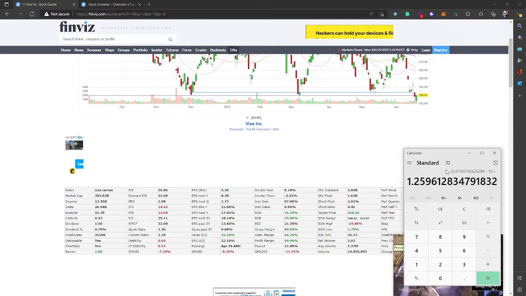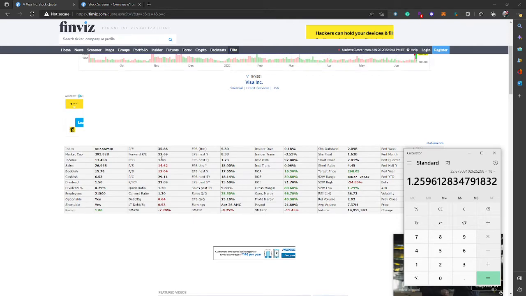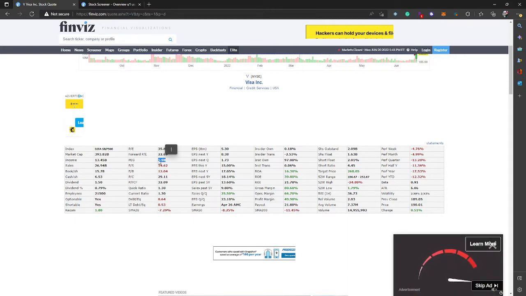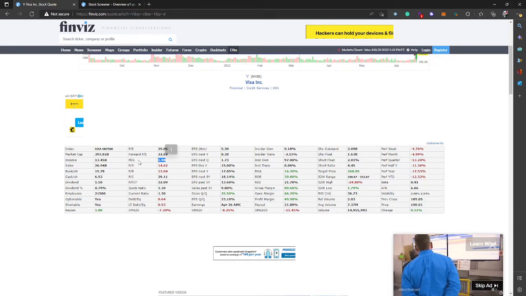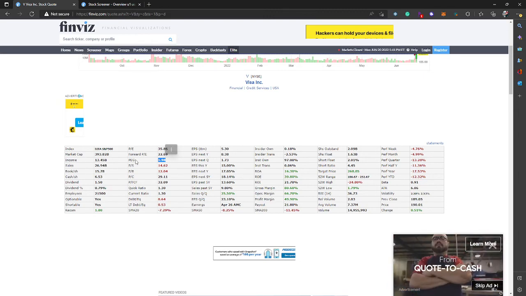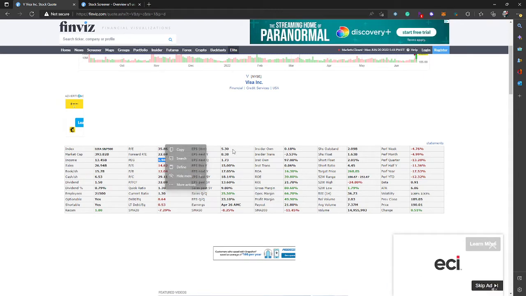And that's a lot closer to 1, which is the target for the PEG ratio, than 1.98. So a lot of numbers I threw at you there. Hopefully that makes sense. What you essentially need to know is the PEG ratio measures the price, measures the earnings, and measures the growth. That's what the acronym is for: price, earnings, growth.